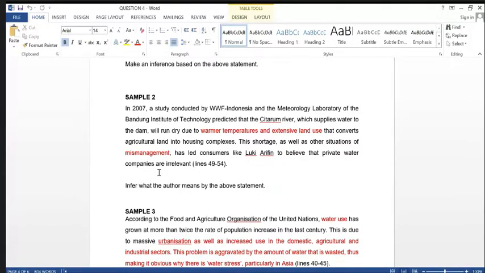In 2007, a study conducted by WWF Indonesia and the Meteorology Laboratory of the Bandung Institute of Technology predicted that the Citarum River, which supplies water to the dam, will run dry due to warmer temperatures and extensive land use that converts agricultural land to housing complexes.